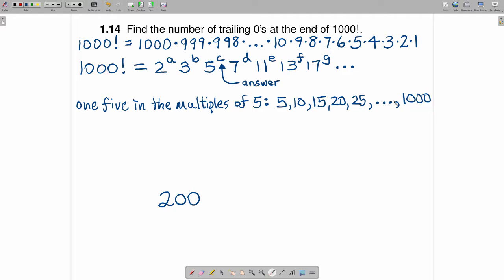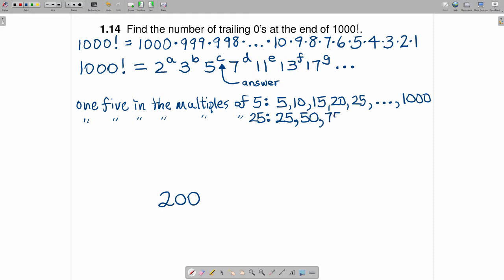But actually you get more, because look at 25. We were only counting on him for 1 5, but he actually gives you 2 5s. So you get an additional 5 here in 25, and in fact all of the multiples of 25. So not only does 25 give you an additional 5, so does 50. Because 50 is 5 times 5 times 2. You get an extra 5 out of him.